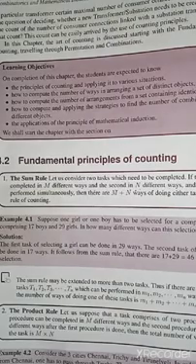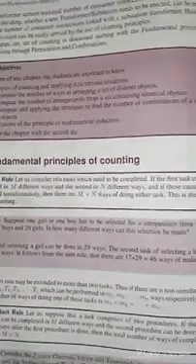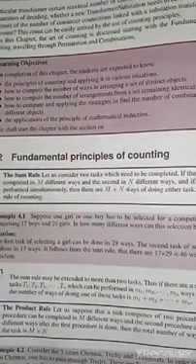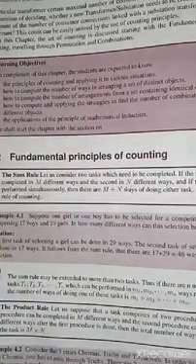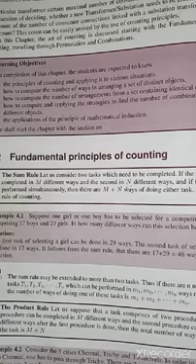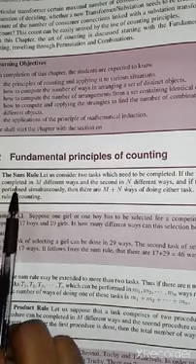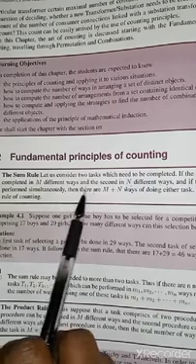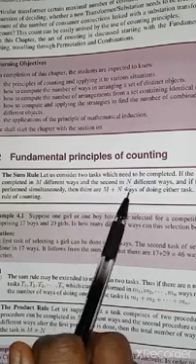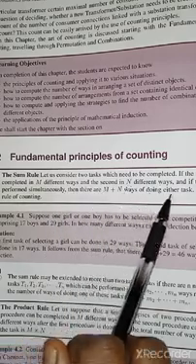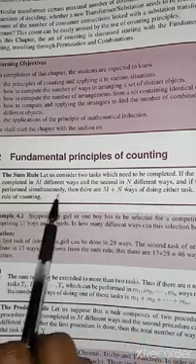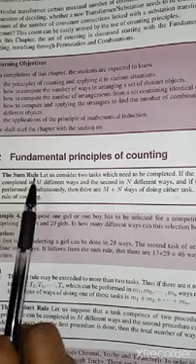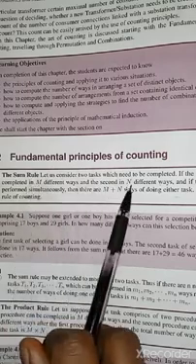And if these cannot be performed simultaneously, so definitely both tasks you can't do at the same time, then there are m plus n ways of doing either task. Two tasks cannot be done simultaneously; definitely you have to complete m first, then only go for n.